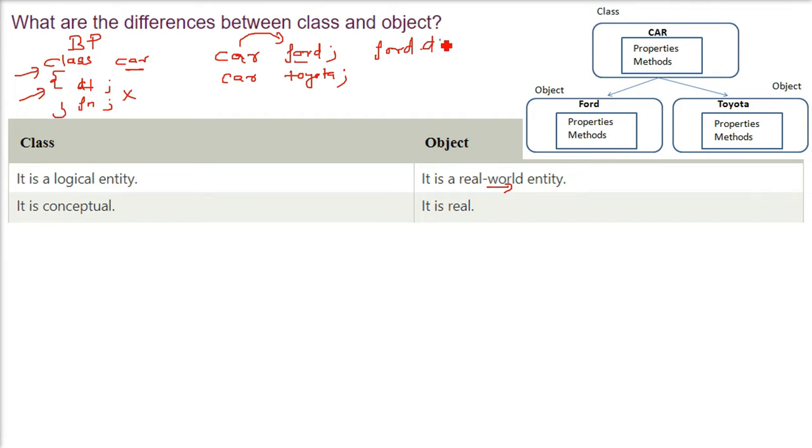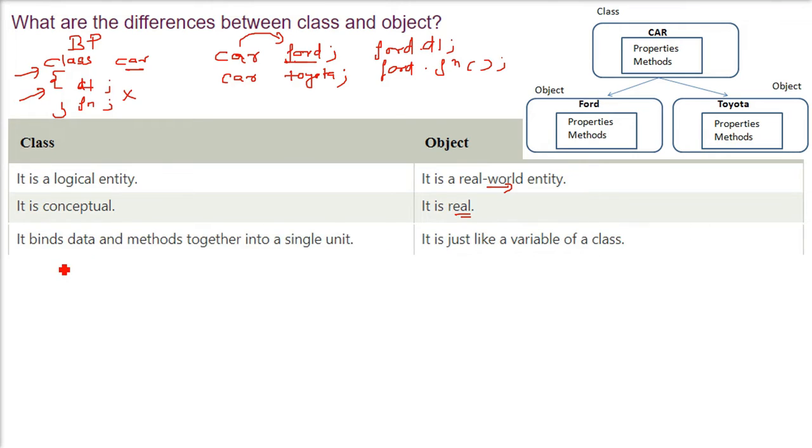When you create an object, you start accessing the variables and the data, and working on the data with the help of the functions. So the object is real. In a class, we have data and functions which operate on this data. So a class is binding the data and methods together in a single unit. This is a good way of understanding encapsulation also.